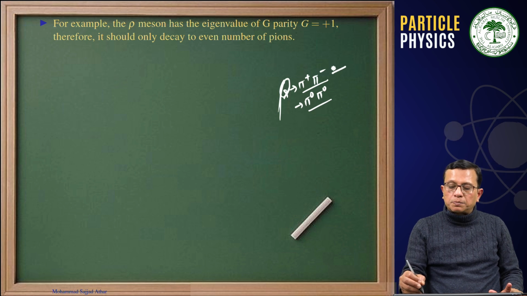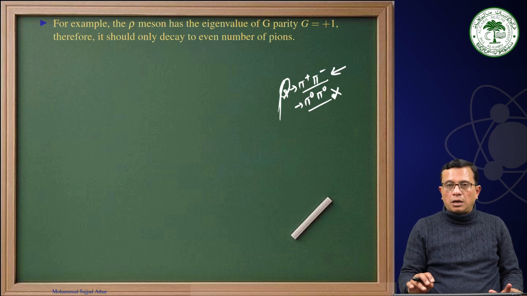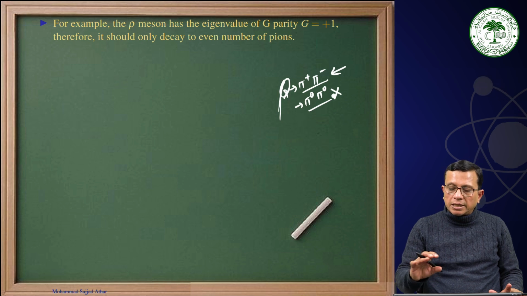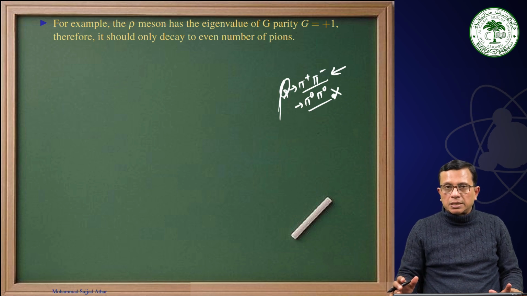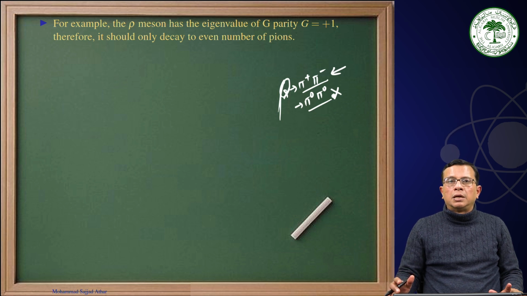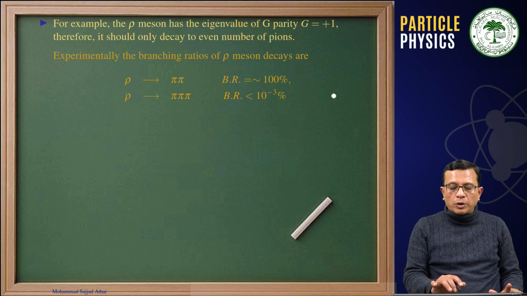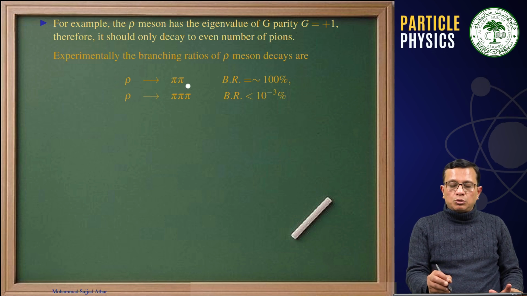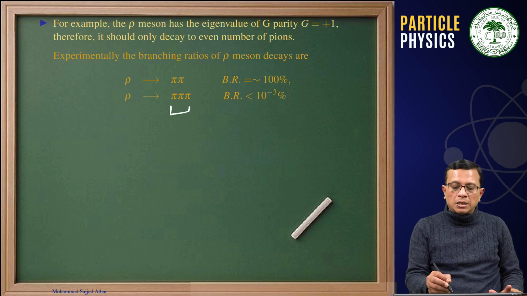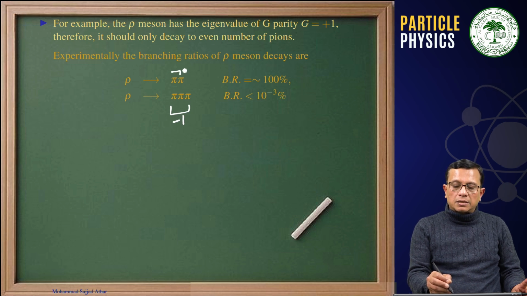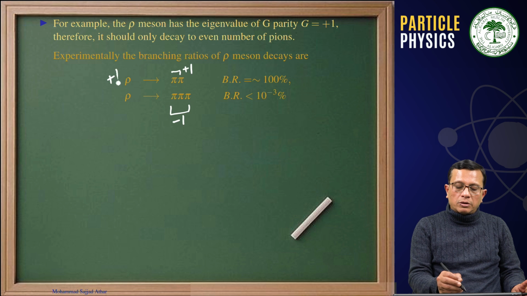It decays to pi plus pi minus. It does not decay to pi 0 pi 0. That is for another reason that we will discuss in the class. This is related with symmetry of the states. While this rho decaying into pi plus pi minus is a strong process, what has been observed is that rho decays to 2 pions, while rho does not decay to 3 pions, because for 3 pions the G parity, for 1 pion being negative, will be overall negative, while G parity of rho meson is plus 1.